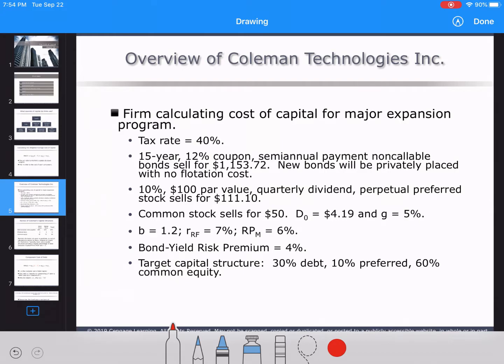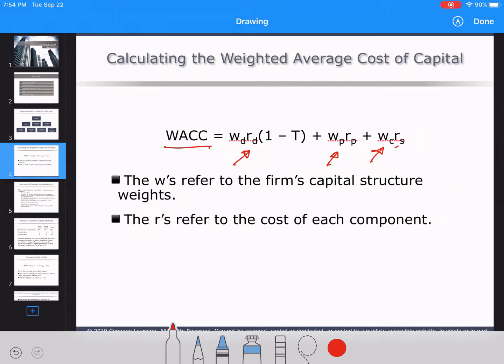Now, the whole idea here is to find out all these numbers. These are called weights, W sub D, W sub S, W sub C, and all of them together are called the capital structure.